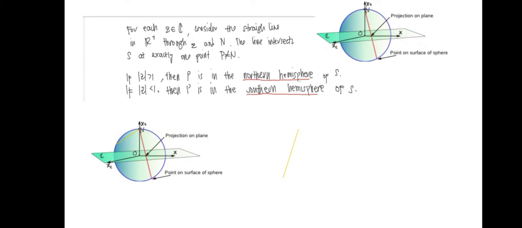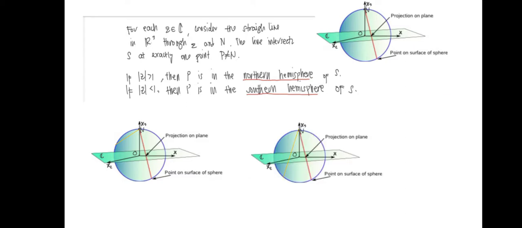If the absolute value of z is less than 1, then P is in the southern hemisphere of S. As we can see, the point from the North Pole is connected to the surface of the sphere, and this point is below the equator.